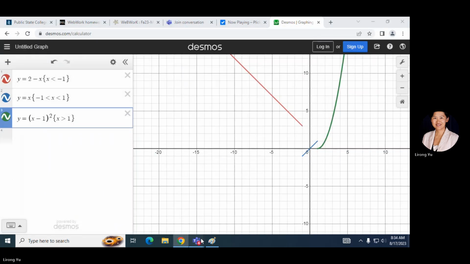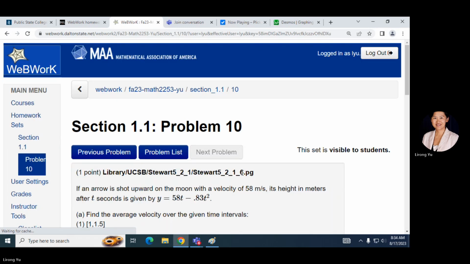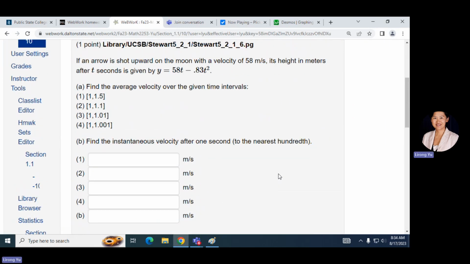So, let's see, question 10. It seemed to be the one that we were using on the computer. You were the one who asked the question about it? Like number 10?